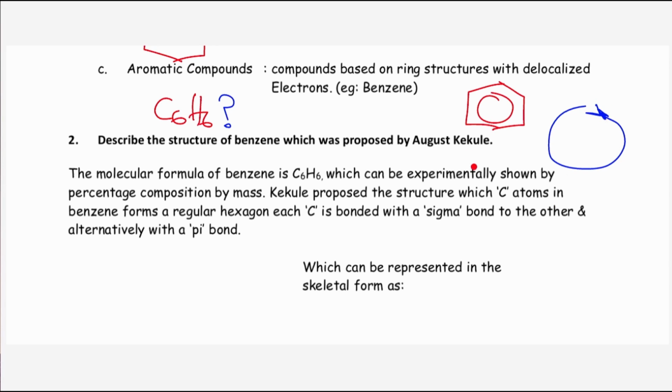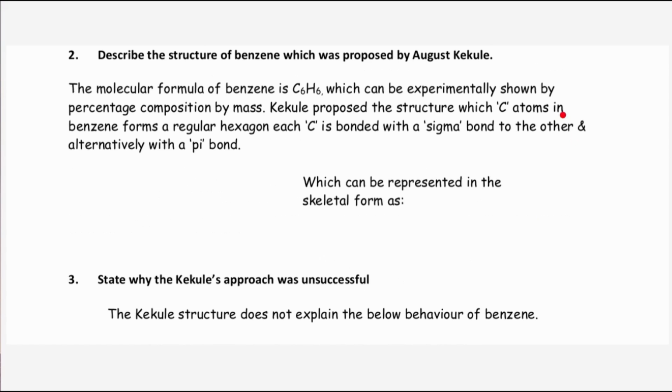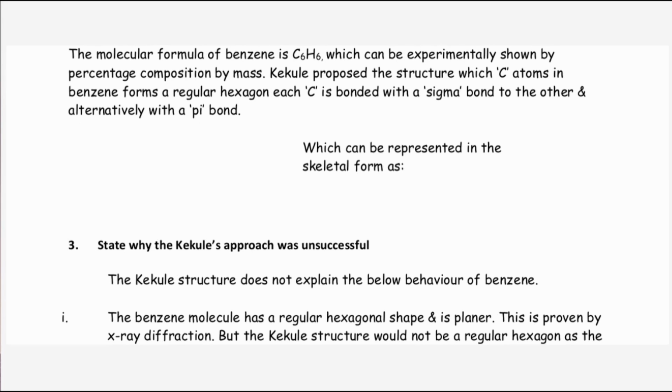Then he realized the benzene molecule, C6H6, has to be a cyclic one. They had found from percentage composition analysis that one benzene molecule has 6 carbon atoms and 6 hydrogen atoms, but the structure was unknown for a long period of time until Kekulé saw this dream of a snake biting its own tail.